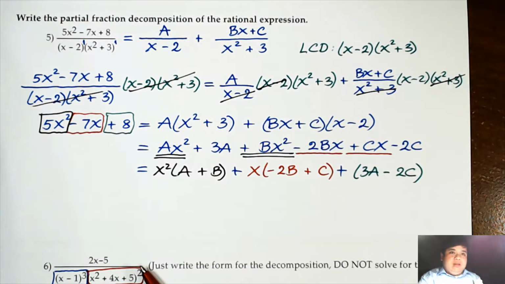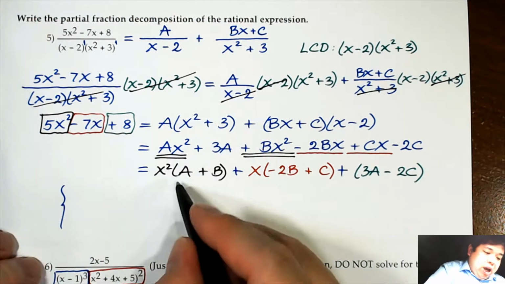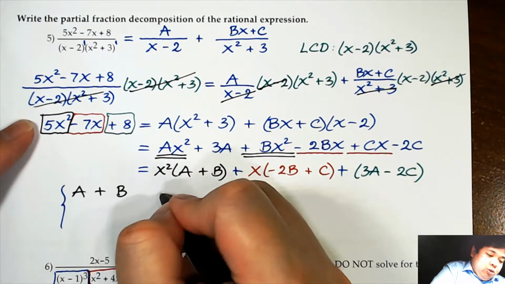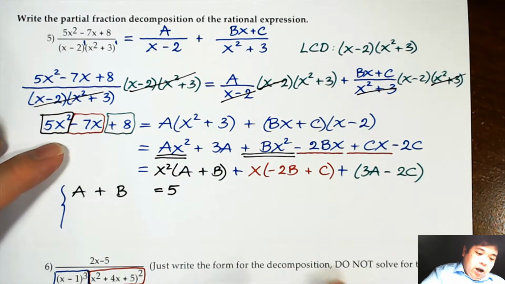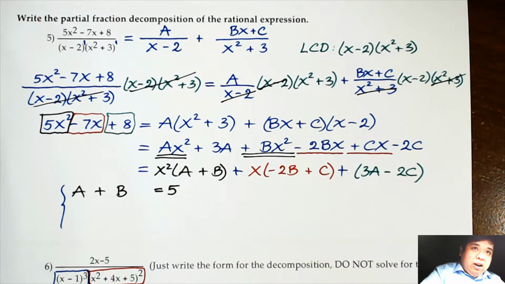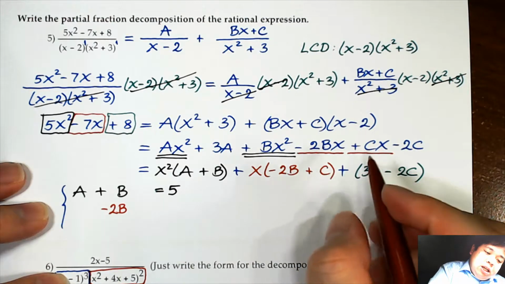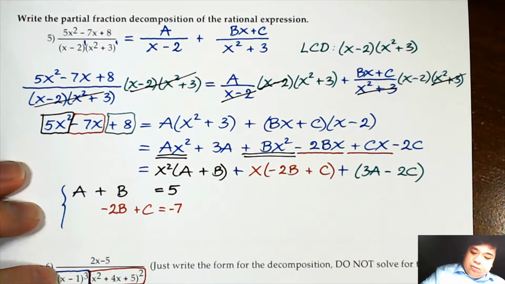So we're just matching the coefficients. So we will have the system of equations. For the x squared, we have a plus b equal to 5. For the x, we have negative 2b plus c equal to negative 7.